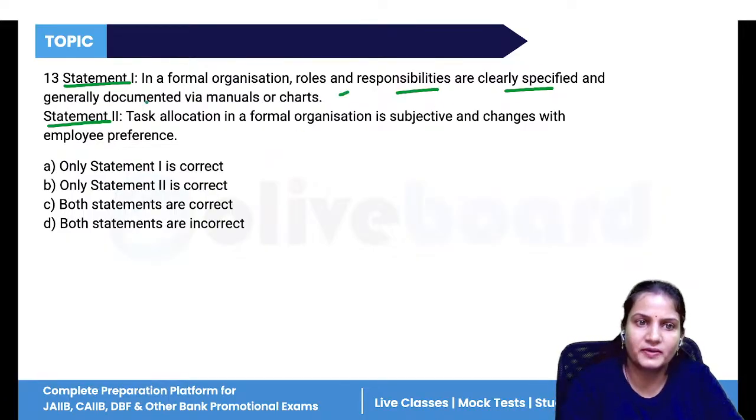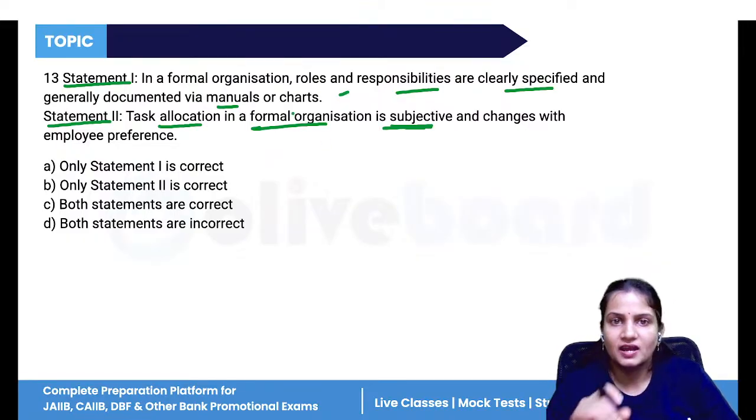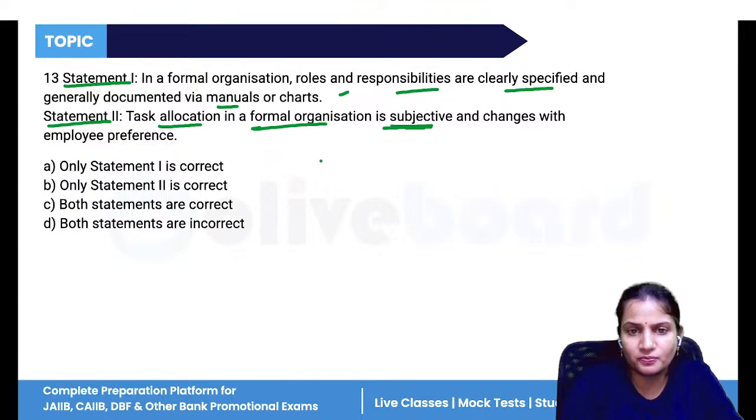Yes. Documented via manuals or charts. Yes. Task allocation in formal organization is subjective. Is it subjective? If any task is provided to you in any formal organization, tell me, can that task be shifted from one person to another? Or can employees say that no, I will not perform this task.